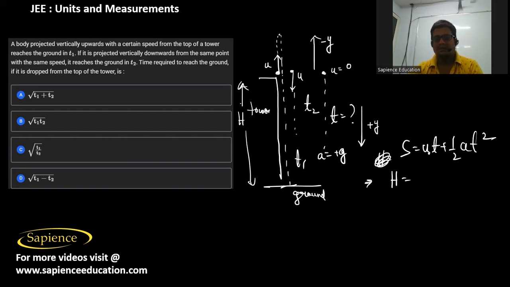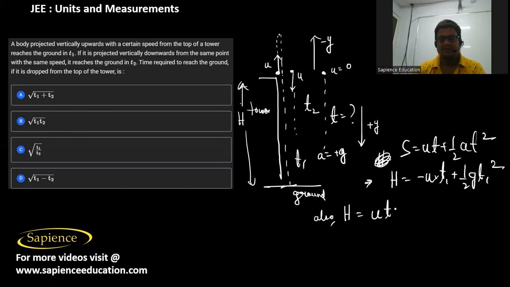So in the first case, the initial velocity is minus u, into t1, the time it takes, plus half g t1 square. Also, h will be equal to, when it is thrown vertically downwards, the initial velocity is u, so that is u into t2 plus half g t2 square.